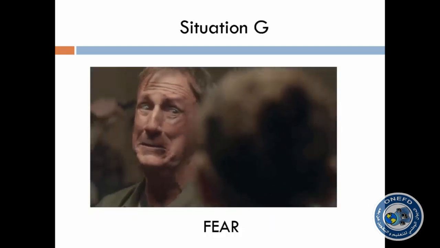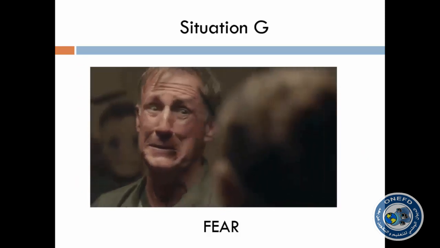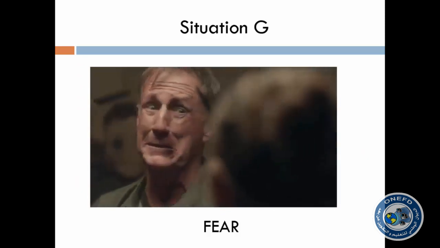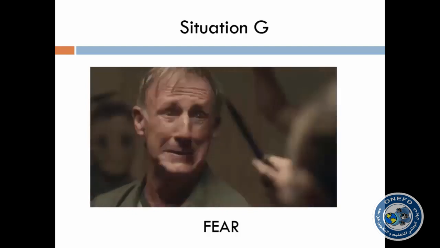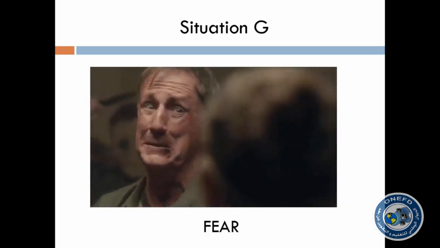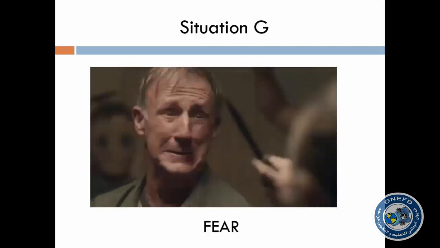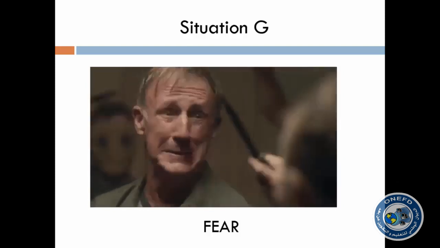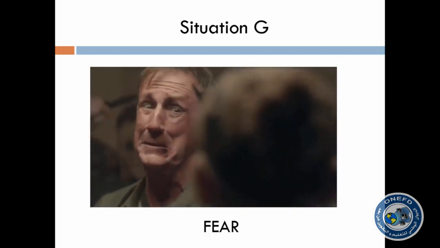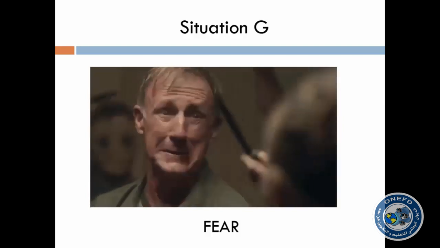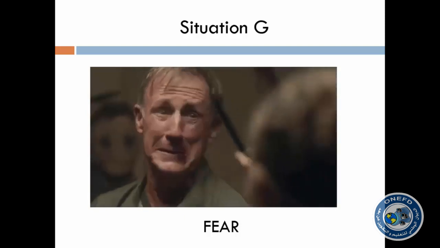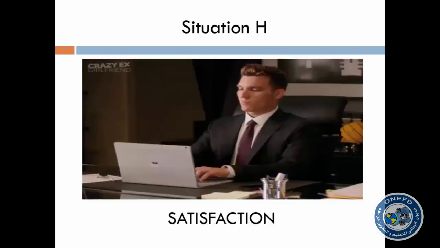Situation G. We have an older man who is looking at a man who is threatening him with a knife. When someone pulls out a knife in your face, what would you feel? Would you feel happy? No, you would be afraid, fear, because you don't know what would happen to you. There is someone who is threatening your life.